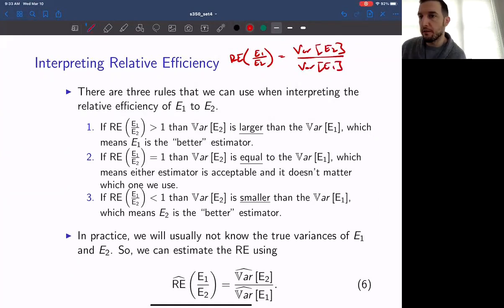If the relative efficiency is greater than 1, this is saying that the variance of E2 is larger than the variance of E1, which means that E1 is technically the better estimator. If the relative efficiency is equal to 1, both E2 and E1 have the same variance and therefore are equally as precise. If the relative efficiency is less than 1, then the variance of E2 is smaller than that of E1, which means that E2 is better.